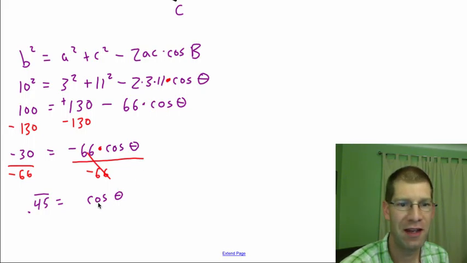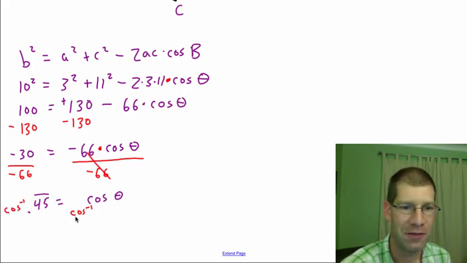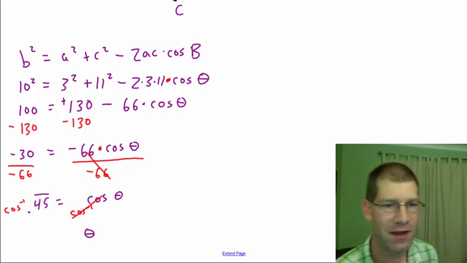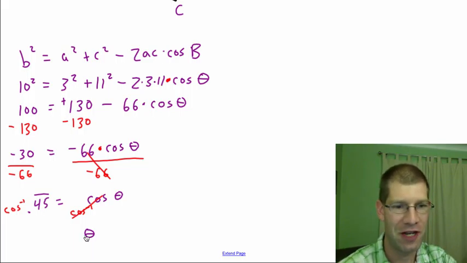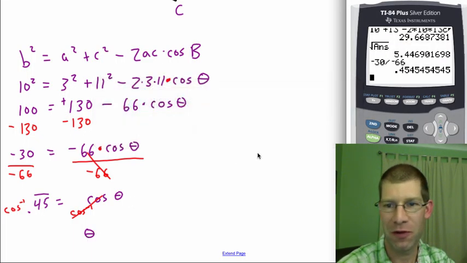So to do that, it's kind of like we had the angle theta, we did cosine to it, and we got this decimal. Well, we undo cosine by doing the inverse cosine, just like we did back when we were looking for an angle in a right triangle. So inverse cosine will cancel that out, and we're left with theta on one side. And if I do inverse cosine of my answer, then I'm not rounding before the end.